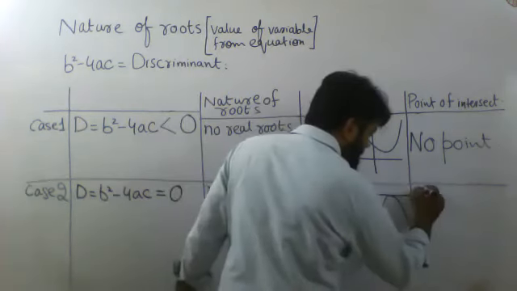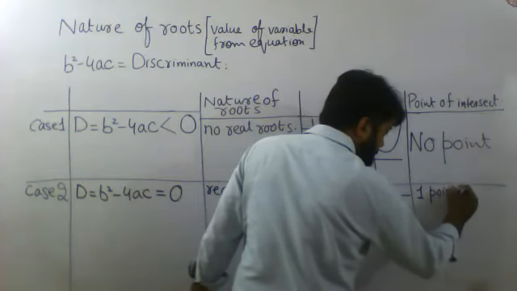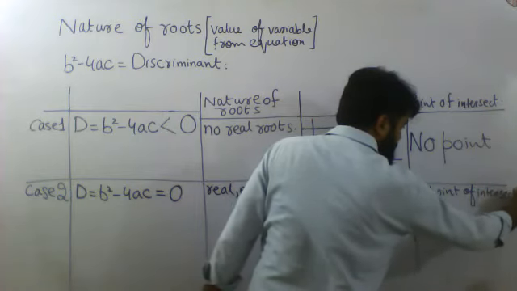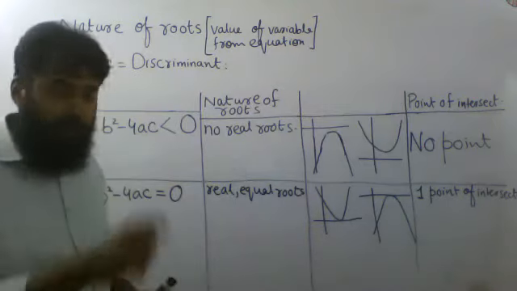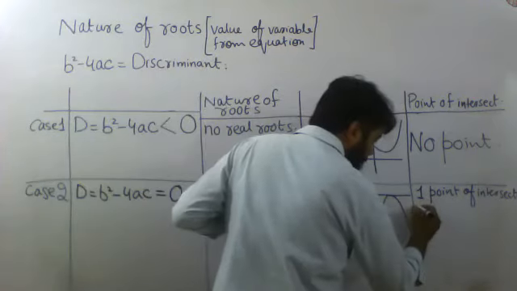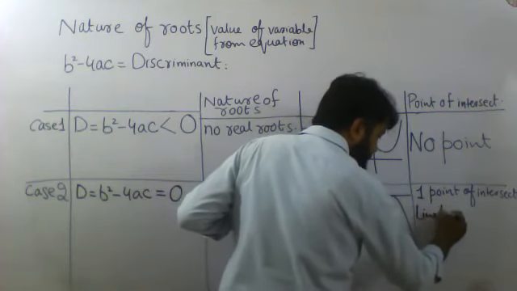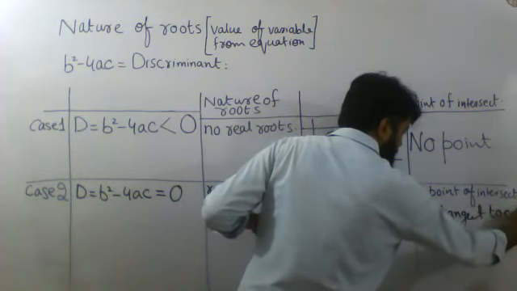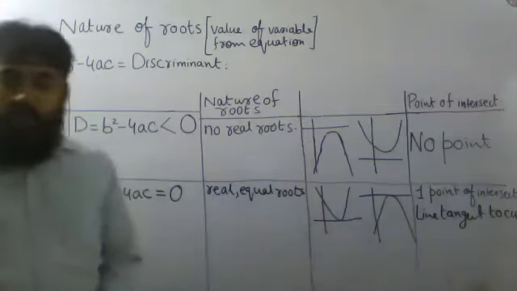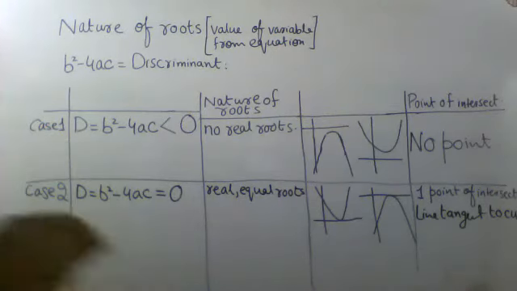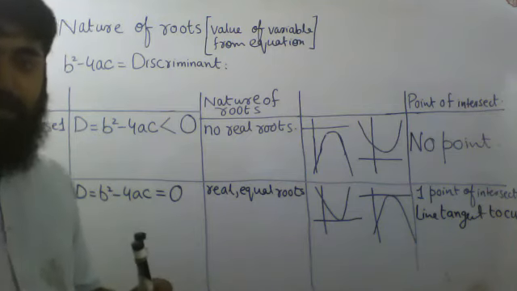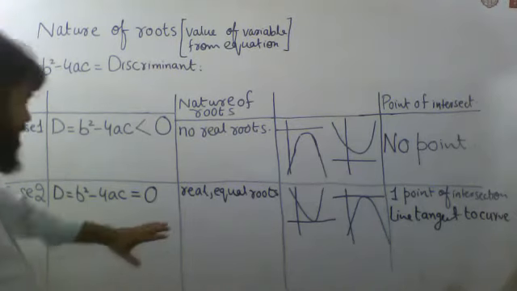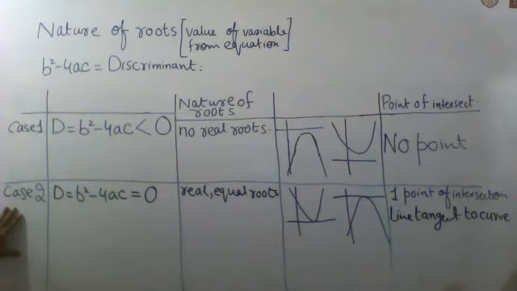We will say that it has only 1 point of intersection, or we can also say line tangent to the curve. A line tangent to the curve means a line which is touching the curve at only one point. So this is your case 2.